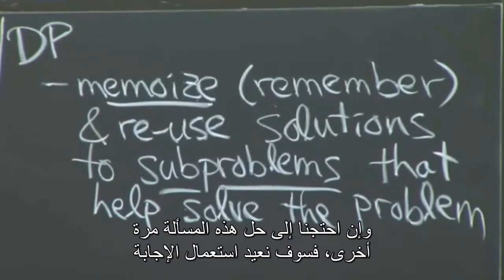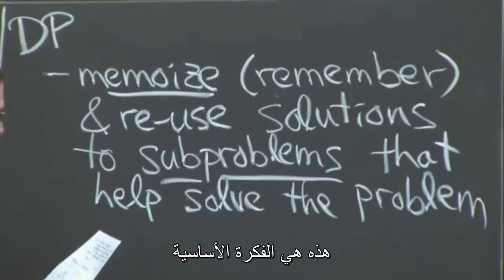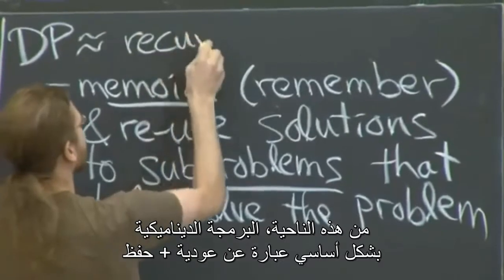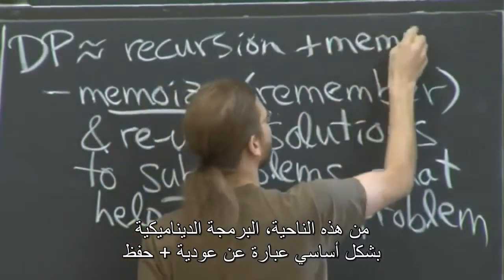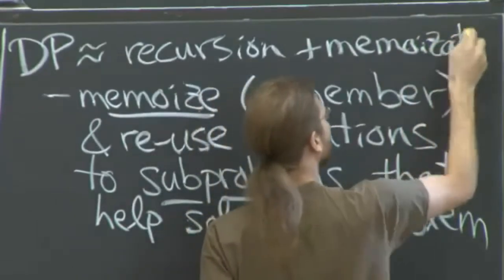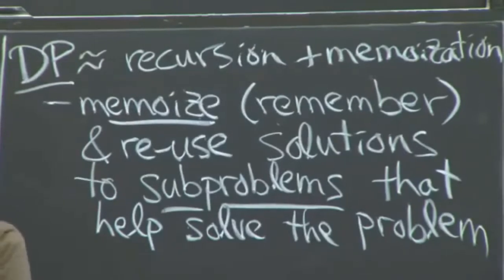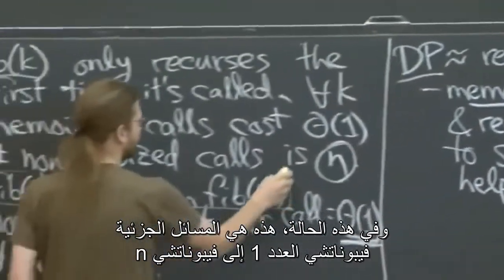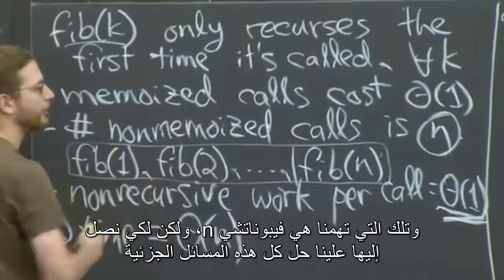If you ever need to solve that same subproblem again, you reuse the answer. So that is the core idea. And so in this sense, dynamic programming is essentially recursion plus memoization. And so in this case, these are the subproblems, Fibonacci of 1 through Fibonacci of n. The one we care about is Fibonacci of n, but to get there, we solve these other subproblems.